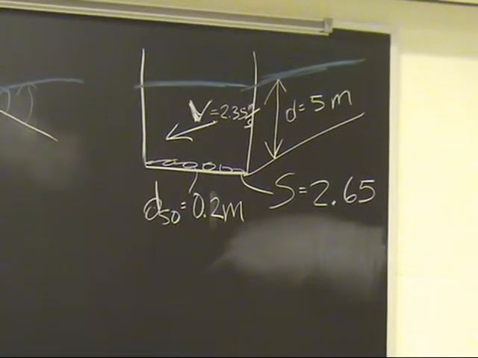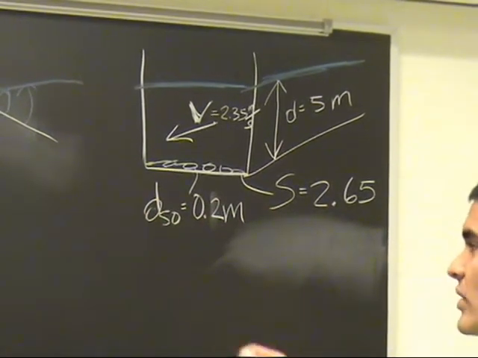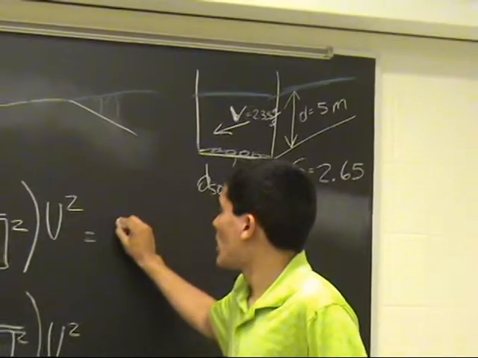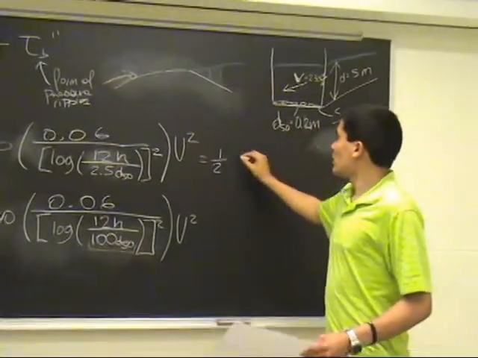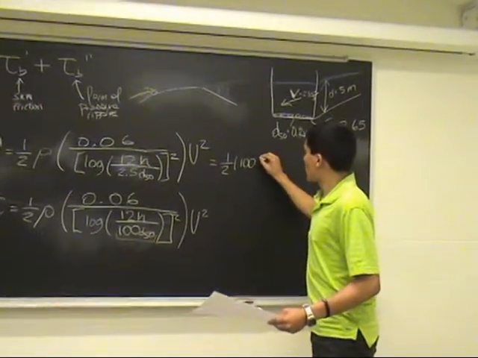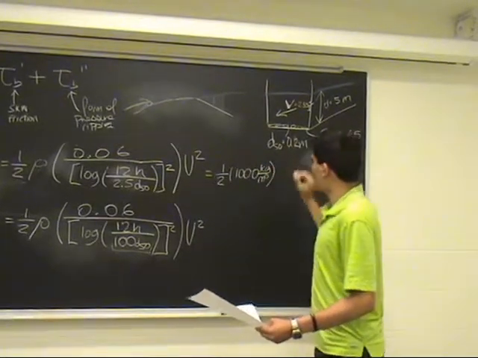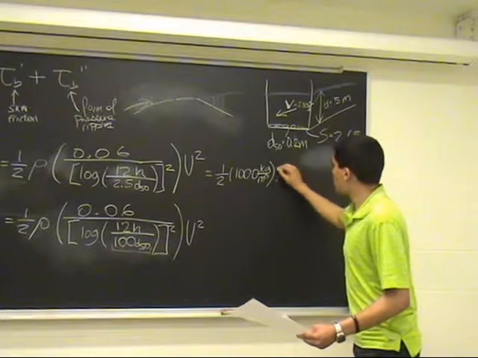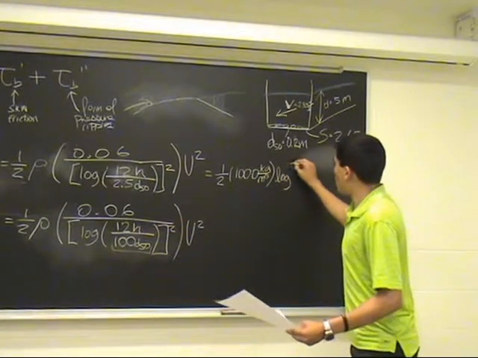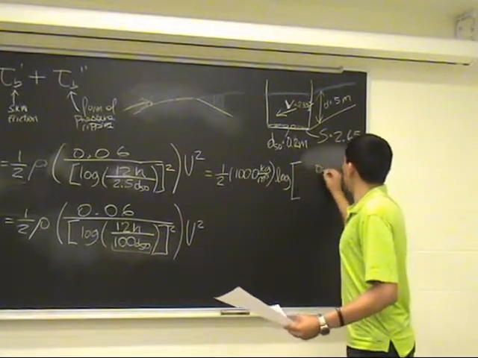Let's calculate the effective shear stress. Let's go ahead and use that. So 1/2 density of water is around 1,000 kilograms per meter cubed, correct? Let's try to do this, times the logarithm of 0.06.